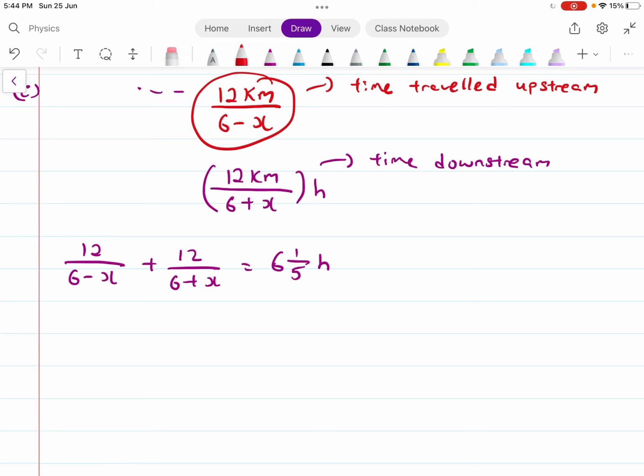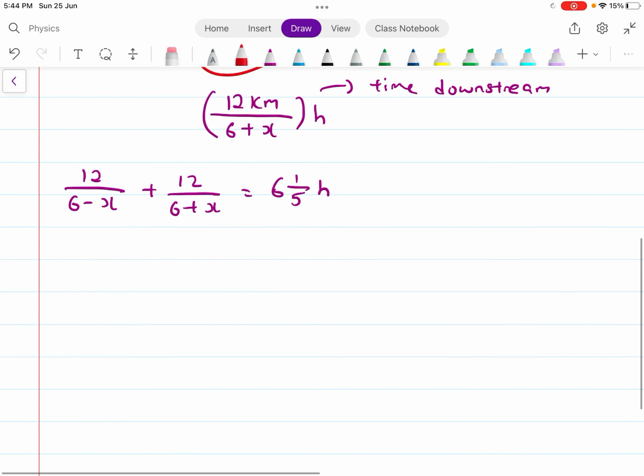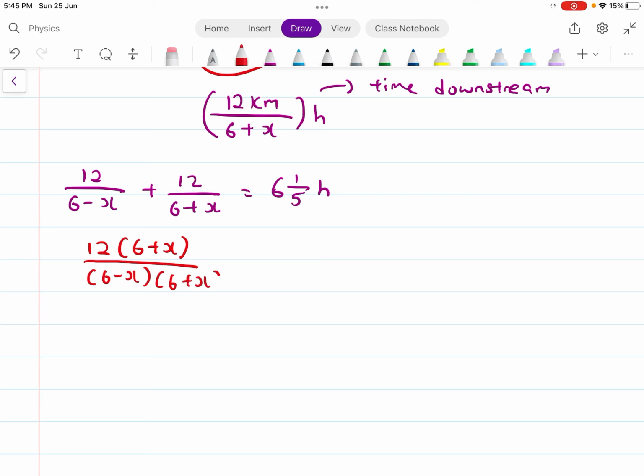First, I always want to make the same denominator. So what I want to do is this: 12 bracket 6 plus x bracket over 6 minus x, 6 plus x, plus 12 bracket 6 minus x bracket over 6 minus x, 6 plus x. This will give you 6 1/5, or 31 over 5 hours.